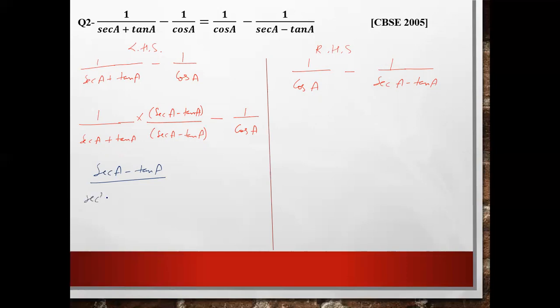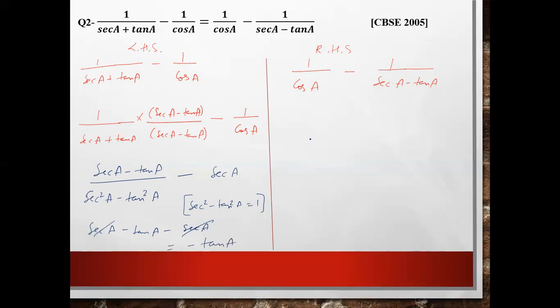So I'll be getting sec square A minus tan square A. And here, I also know that 1 upon cos A is sec A, all right? So now sec square A minus tan square A is equal to 1. I use this identity. So this will be 1. I'll be left with sec A minus tan A minus sec A. Cancel out. So I get minus tan A.